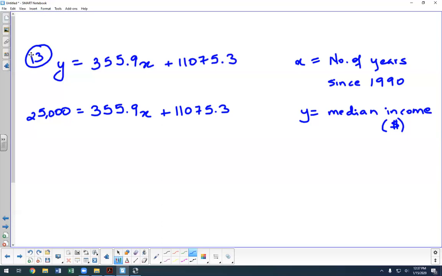That's 13,000 something. 9, and then what did you do after? And then we divided that by 355.9.